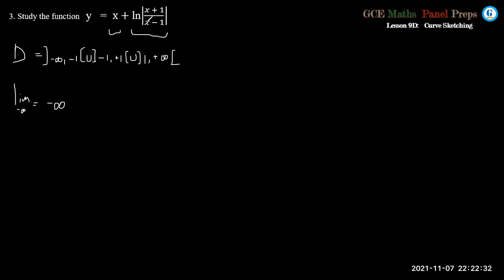So just take highest degree divided by highest degree. That gives us x divided by x, which is 1, and then ln 1 is 0. So we'll have negative infinity plus 0, which equals negative infinity. Yes, sir. So the limit here is negative infinity. In fact, if you look at this function, you see that the line y equals x is the oblique asymptote. So all the limits will be infinity.